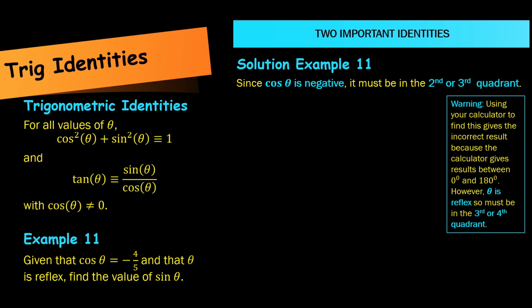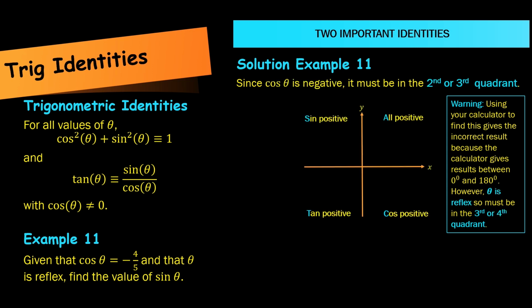Let's remind ourselves of the CAST diagram. In the first quadrant, sine, cos and tan are all positive. In the second quadrant, only sine is positive. In the third quadrant, only tan is positive, and in the fourth quadrant, only cos is positive. Now in the first part of the solution to example 3, we stated that because cos is negative, it must be in the second or third quadrant.